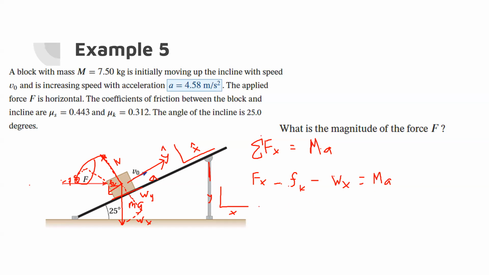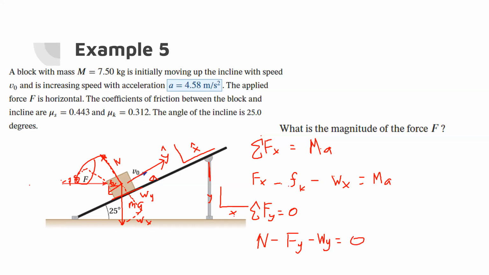And then in the y direction, I have the sum of the forces. Since in this case my y direction is perpendicular, there's no acceleration happening in that direction. That's just going to be 0. And I have the normal force in the positive direction, minus the force that's being applied in the y direction, and minus the weight in the y direction, equal to 0.